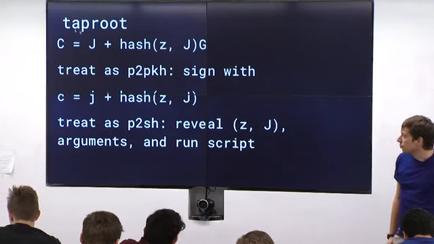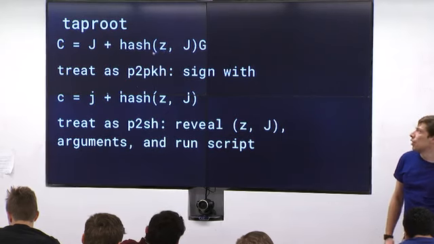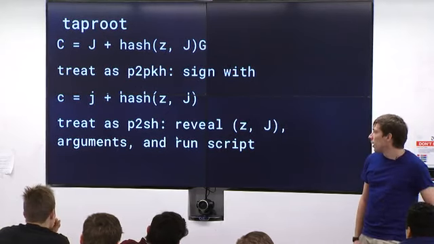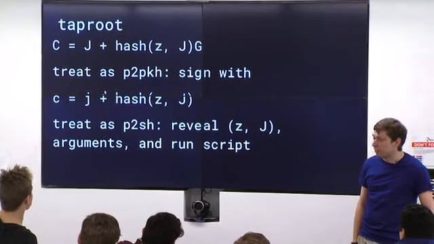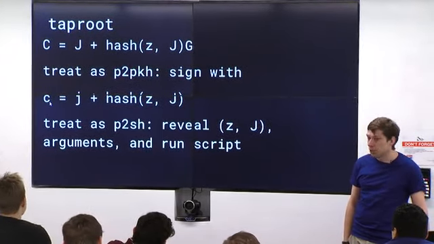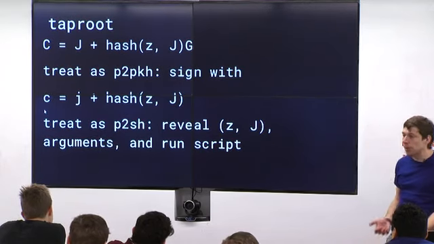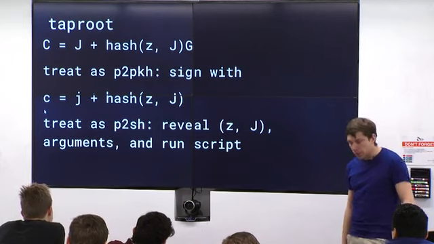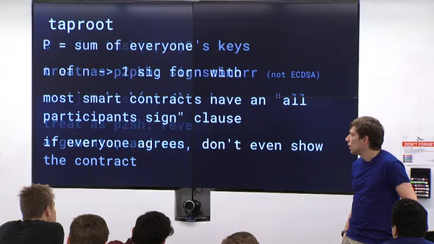And then Z is that Merkle tree of 2 of 50 signatures. So if I want to use 2 of 50, I have to reveal, and then I have to do the proof. But if I can get all 50 of 50 people to sign, they can produce a signature with private key little c. So when everyone's cooperating, you don't even see that there was a script involved.